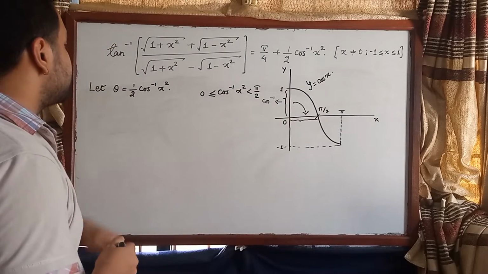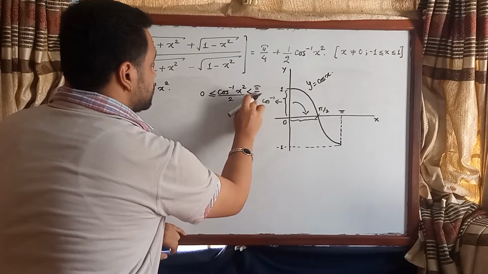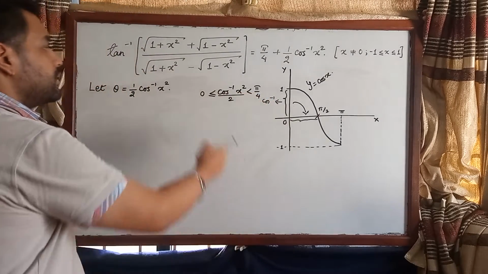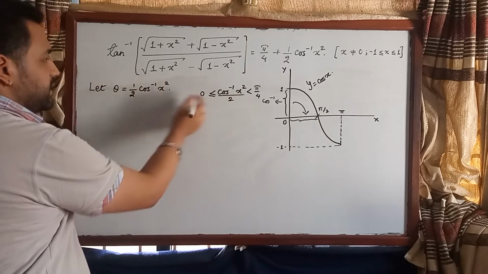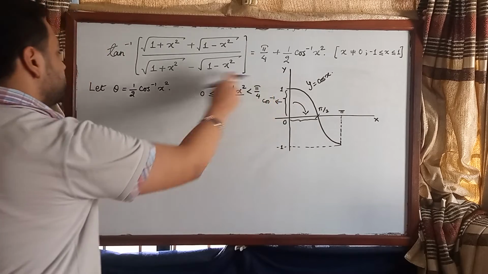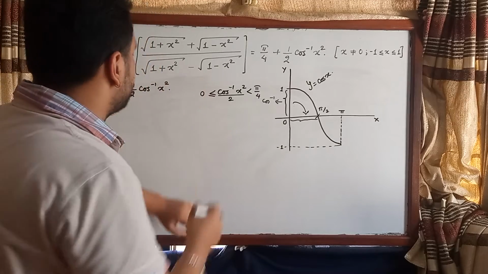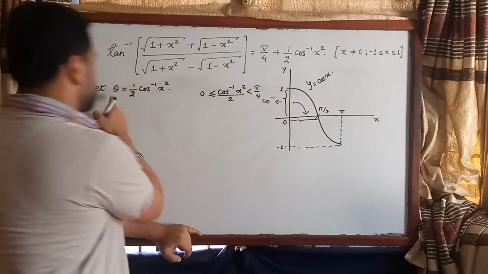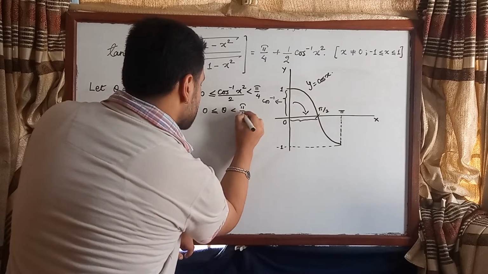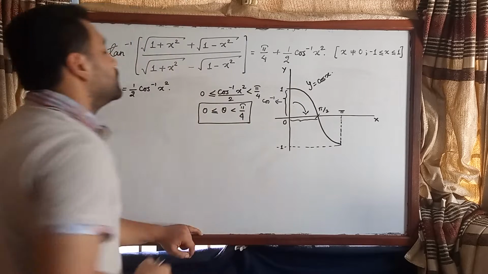Now, if that's the case, then half of this will be between 0 and pi by 4, like this. Half of this thing will be between 0 and pi by 4. So, we'll make use of this. And this is theta, right? We supposed this to be theta, so what we have obtained is that theta is between 0 and pi by 4.